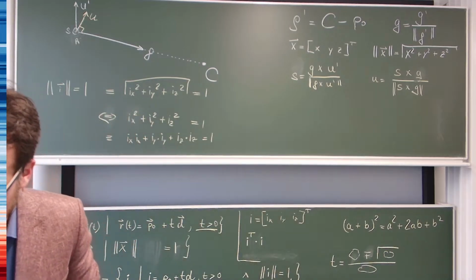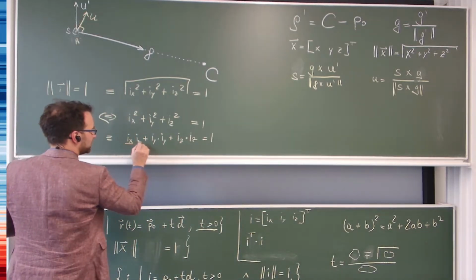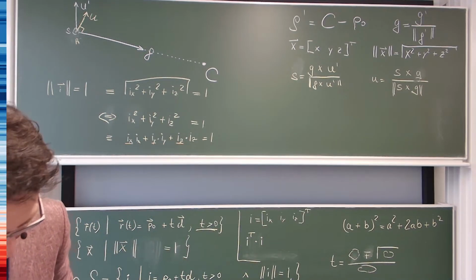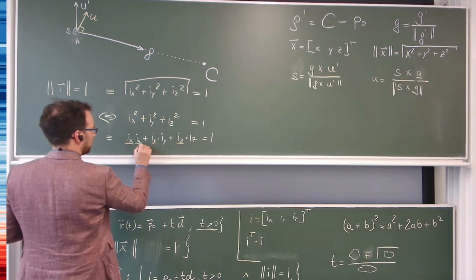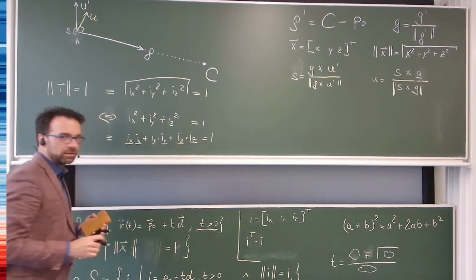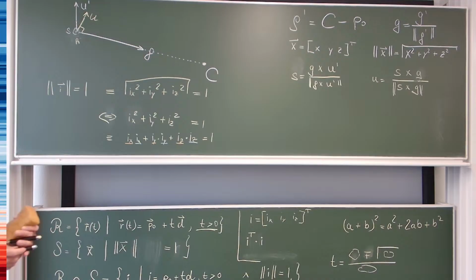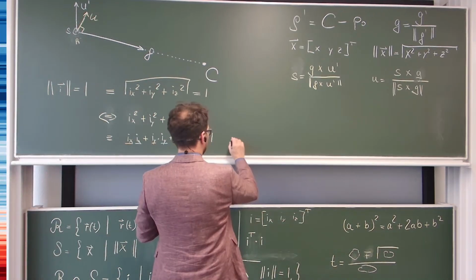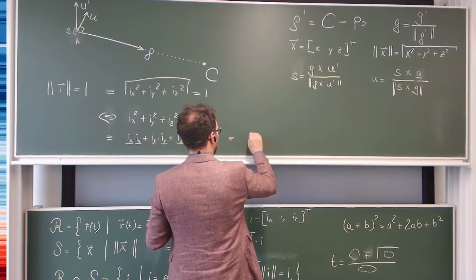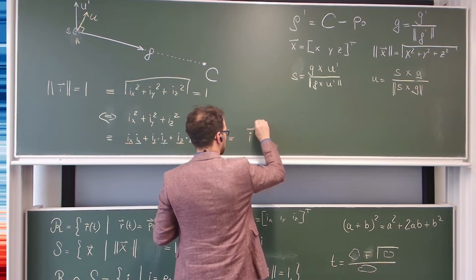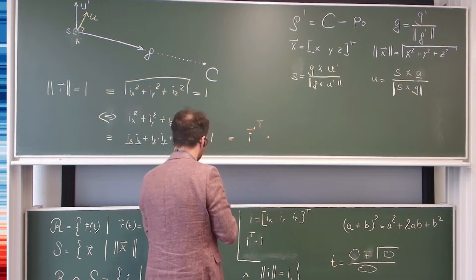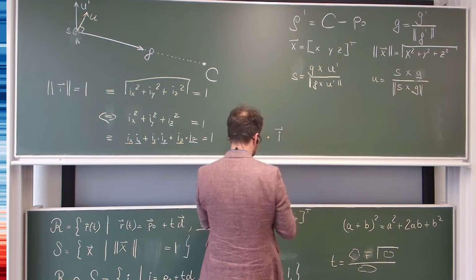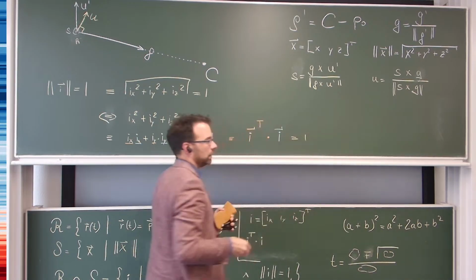And if I say this, and that are the components of the first vector, and this guy, and that guy are the components of the second vector, then I can write this down as, again, this is the same, first vector transposed times second vector untransposed equals 1.